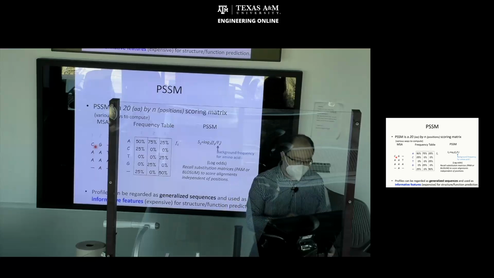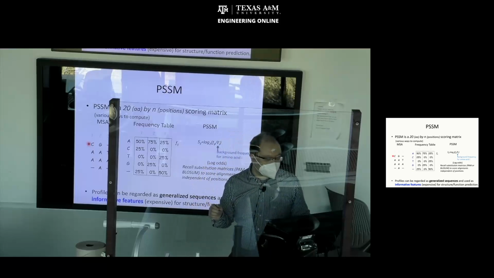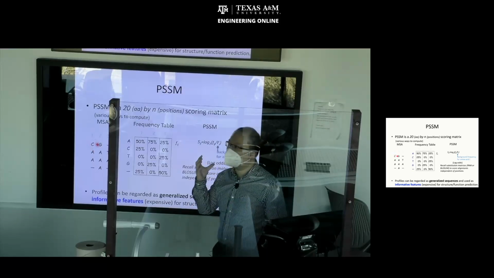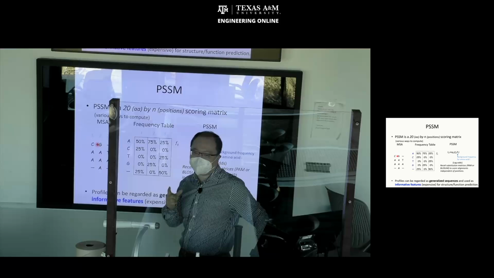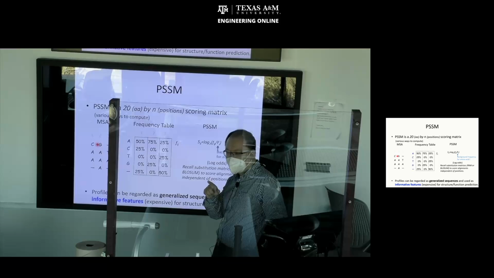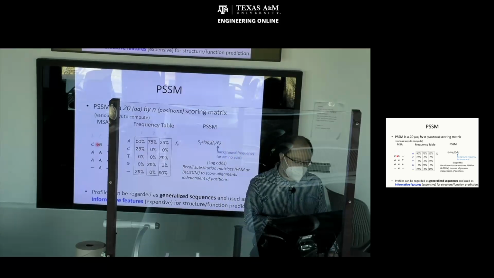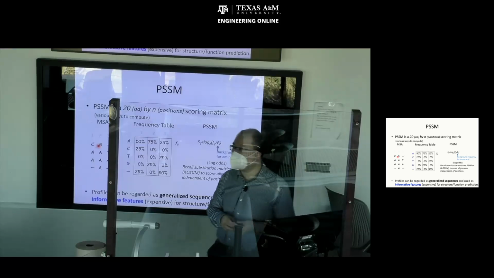So at each position, you have one letter. So in some sense, if you regard each position not as a fixed letter, but regard it as a random variable, which can take 20 plus 1 values. That 1 is the gap, that 20 is amino acid. Then you can think of each position contains a probability distribution, right?